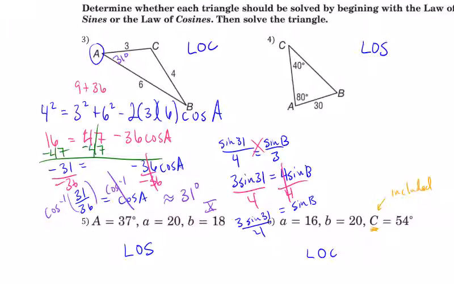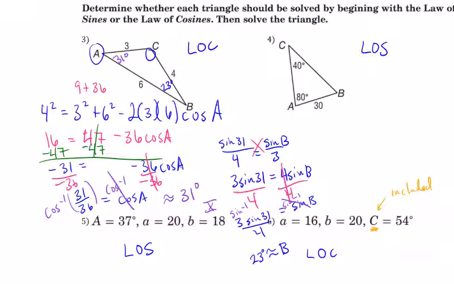Then we can just take sine inverse of both sides. And so we get B is approximately 22.7, and so that'll make it 23. So 23 degrees goes here.